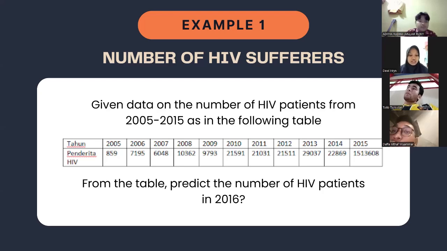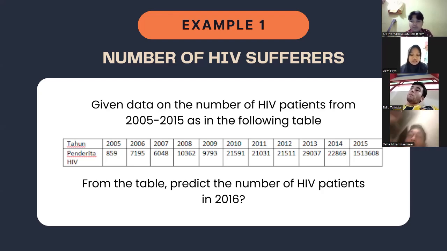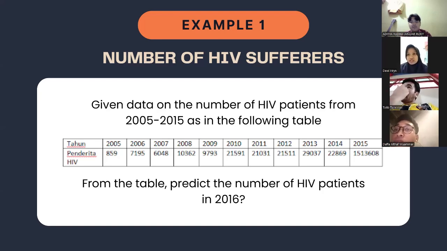In 2007, HIV sufferers is 6,038. In 2008, HIV sufferers is 10,362. In the year 2009, HIV sufferers is 9,793 and so on. From the table, predict how many people with HIV in 2016.